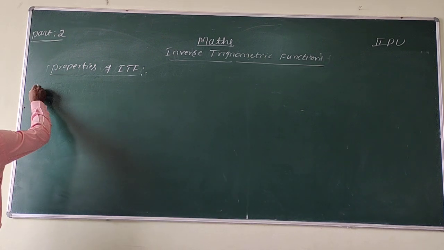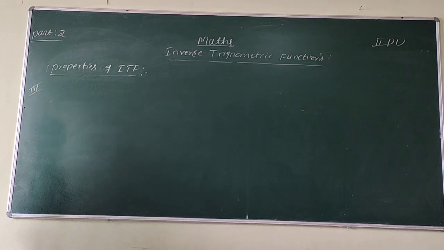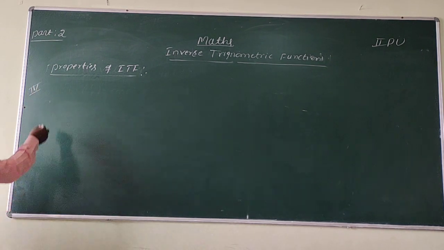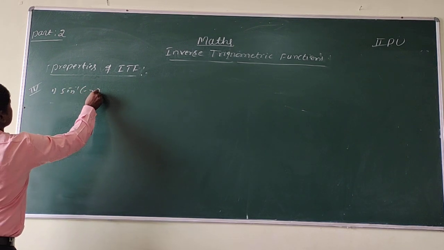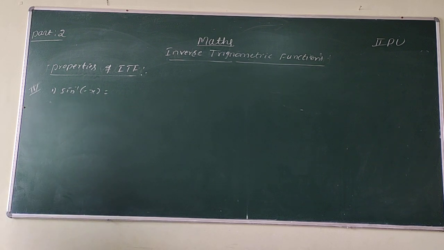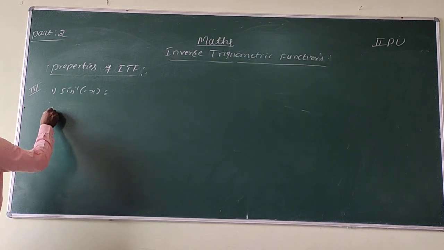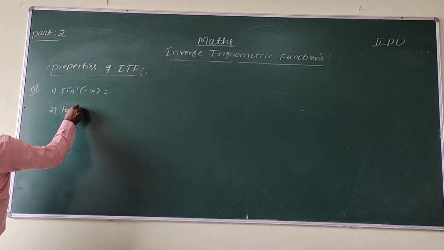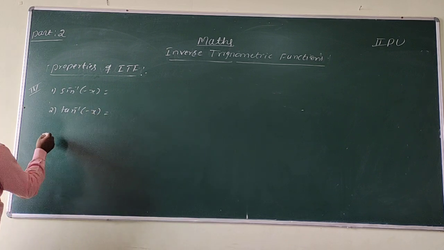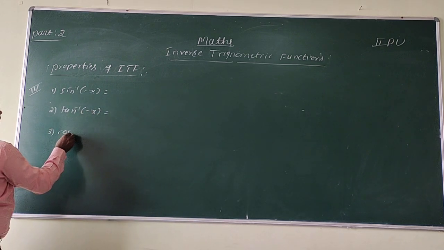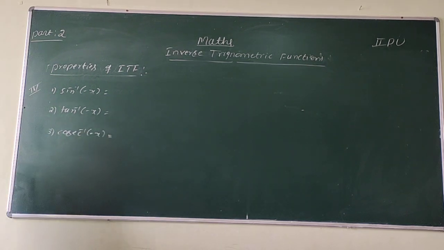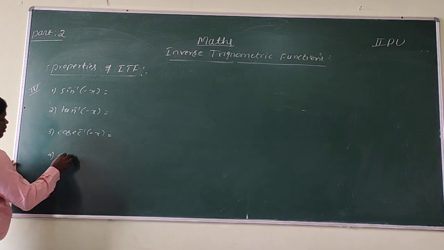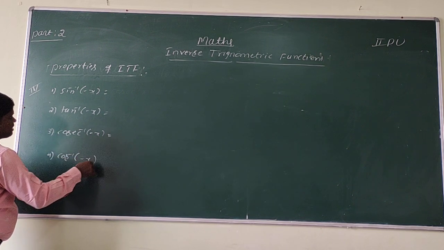So fourth property: sine inverse of minus x. The second one is tan inverse of minus x, and the third one is cosecant inverse of minus x. Similarly, the fourth one is cos inverse of minus x.